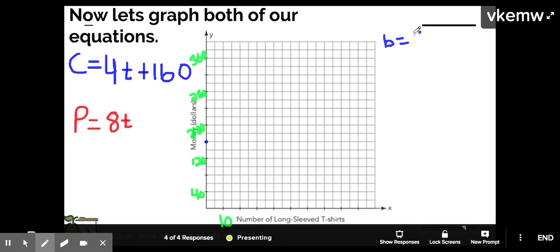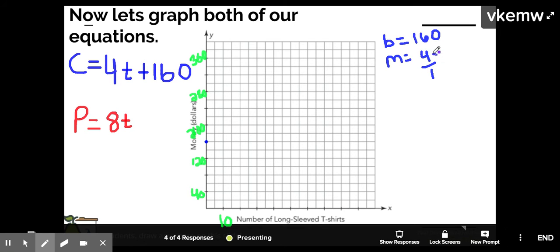Then my slope, oh, yeah, my b is 160. And then my slope will be $4 for one t-shirt, right? However, my scale doesn't have that.